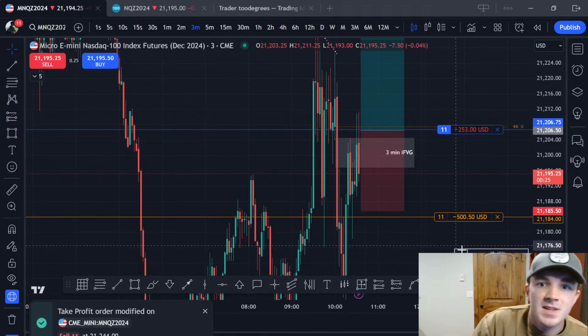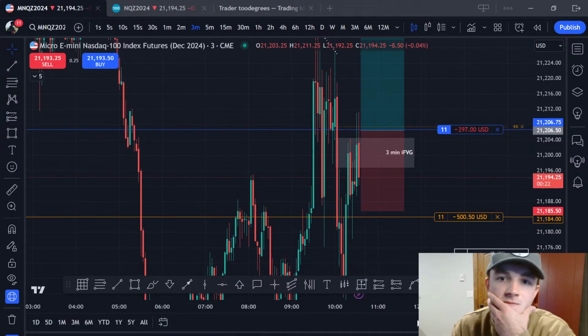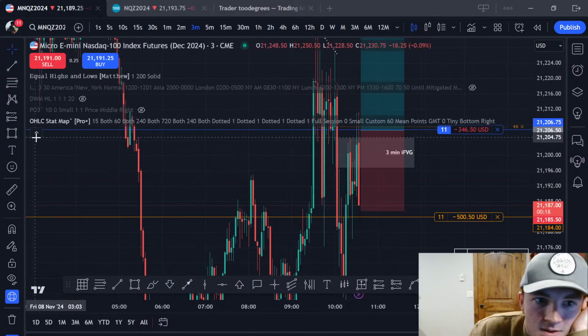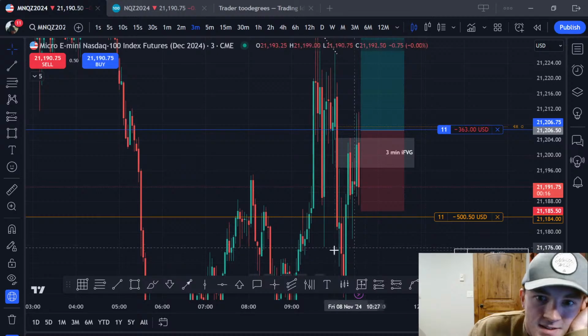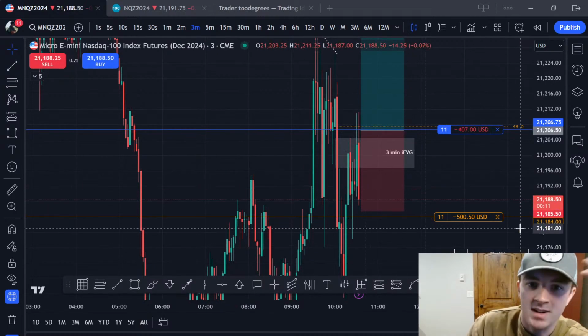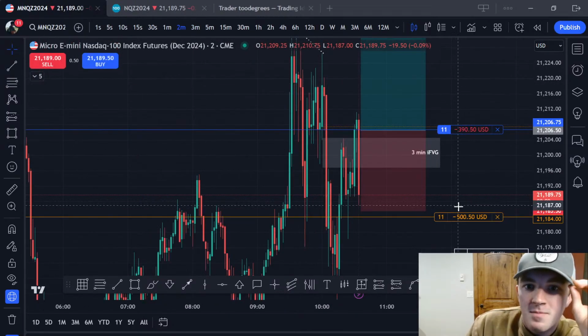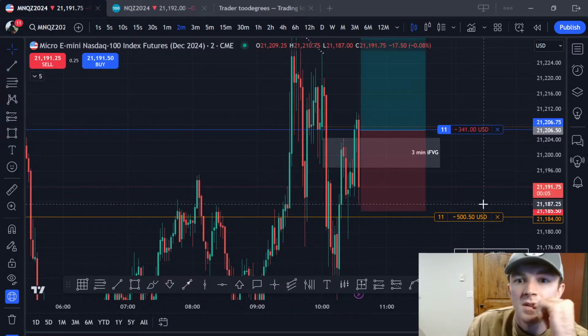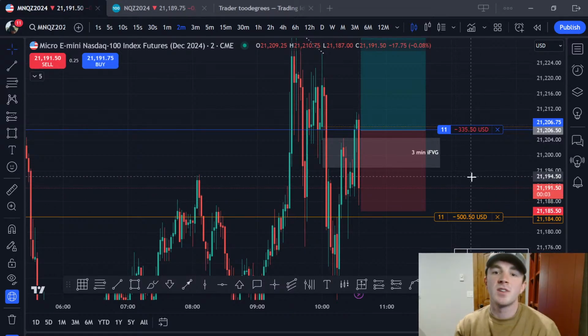This is what I mean when I say I kind of suck at trading. But look at this, that open low. This is just for practice, honestly. Whatever, I got stopped out. If I get stopped out, I don't care. I'm just getting practice. Wow, I'm like the worst trader in the world.